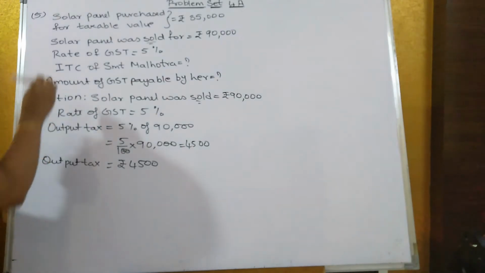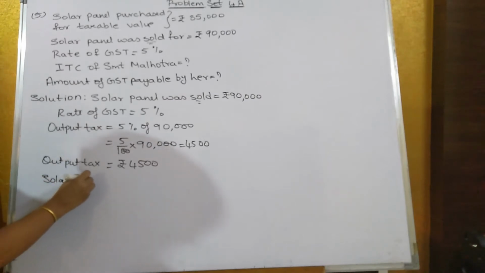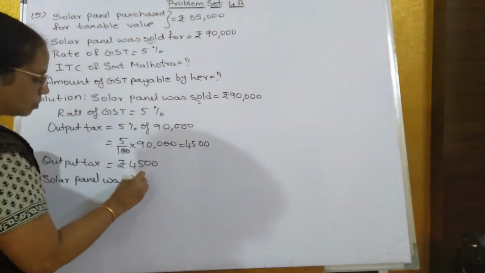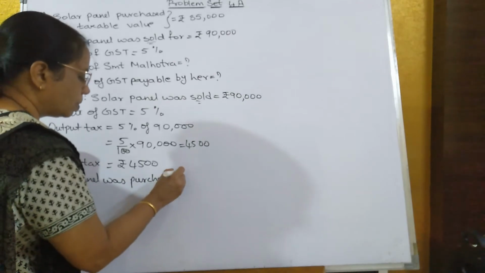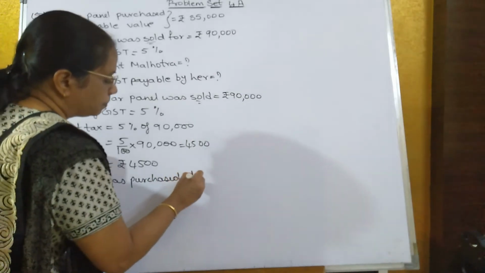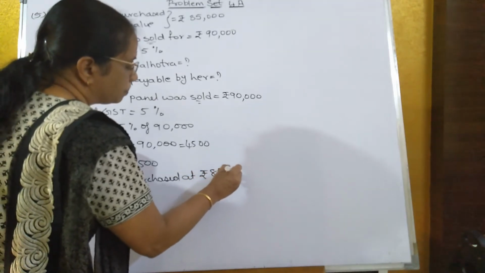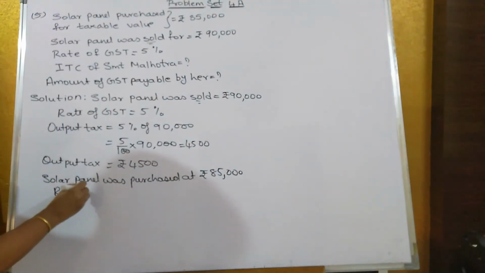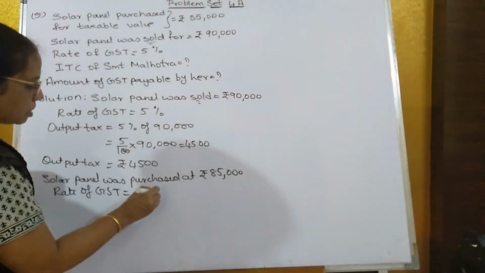Now the solar panel was purchased at how much rupees? At rupees 85,000. And the rate of GST is the same, equal to 5%.